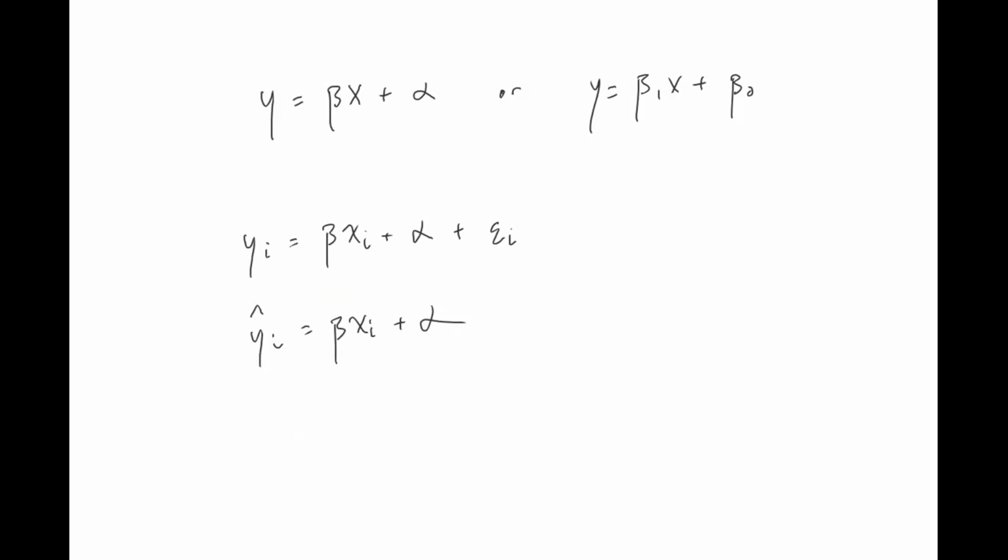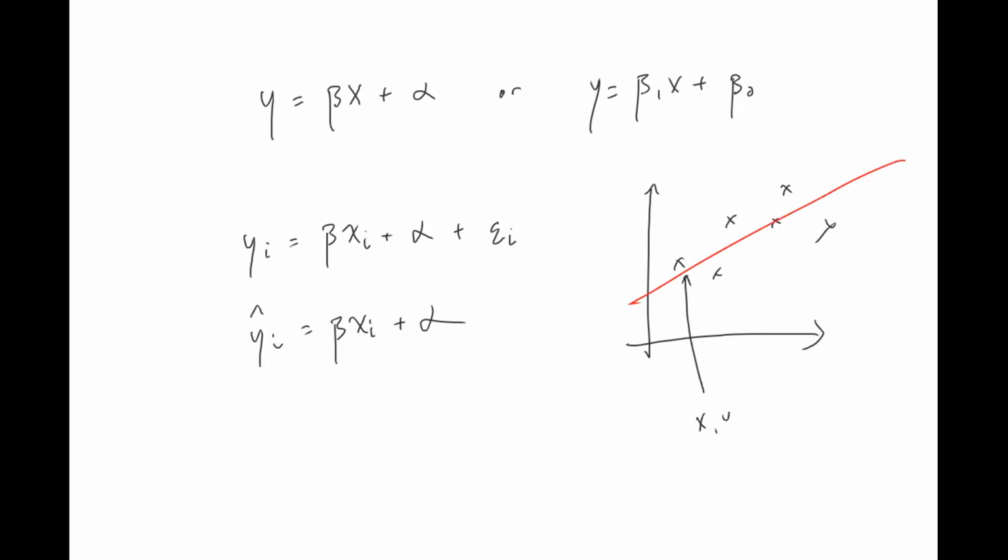So yi and xi are the points in your data. In that graph that I made, each of these points could be your x1, y1, x2, y2, x3, y3, and so on, right?